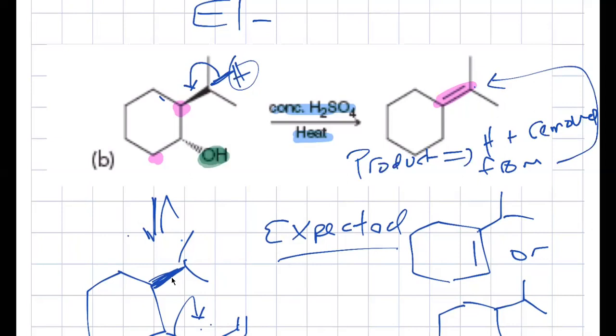So if that's the case, then that means that the carbocation had to end up here. All right, so that means that the carbocation is at a different site. So how in the world can we do that?